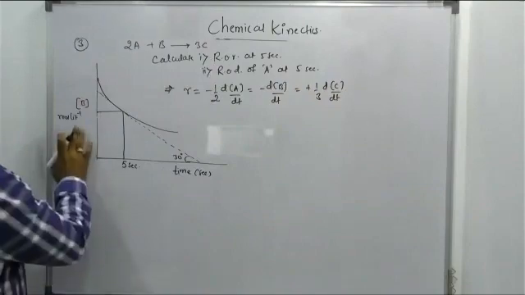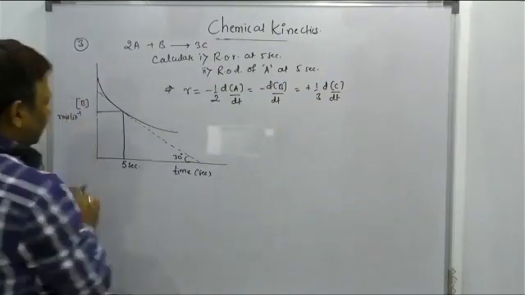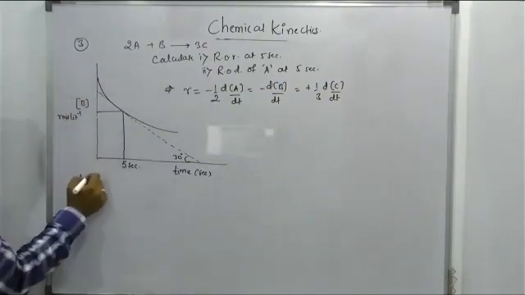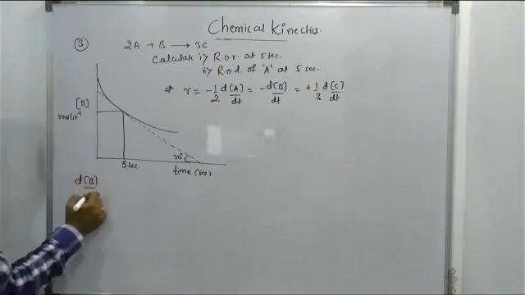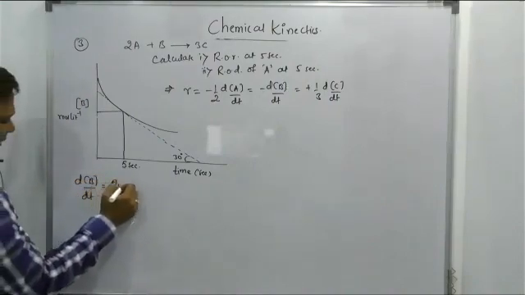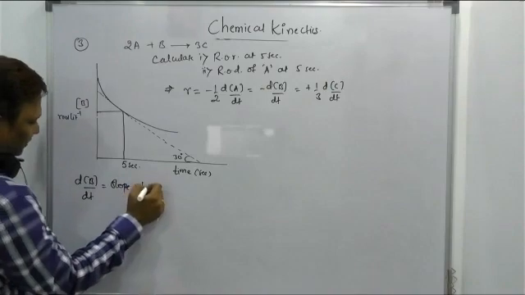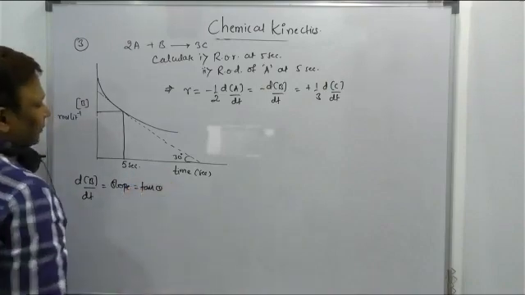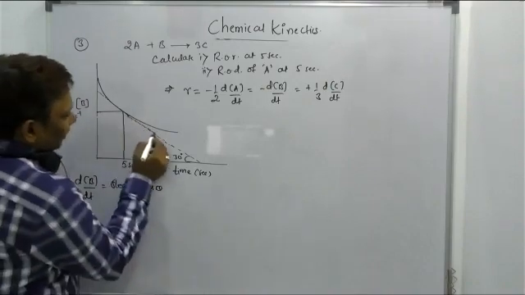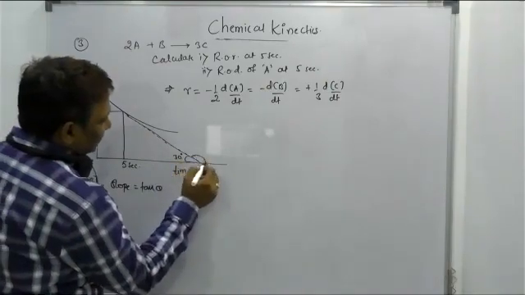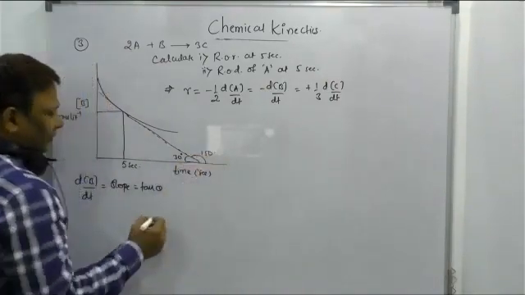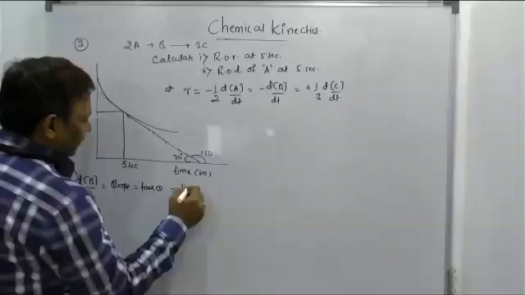From this graph we are able to find the slope, which is the value of d concentration of B by dt, equal to tan theta. Theta here is 150, so it is tan 150.